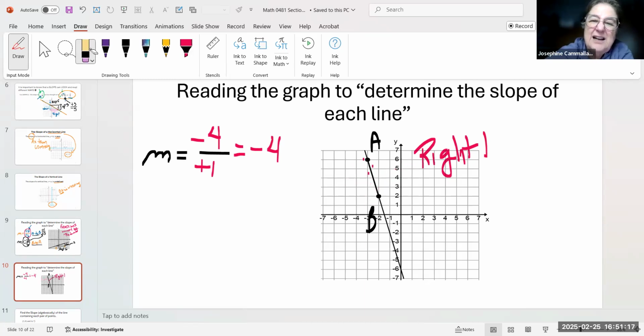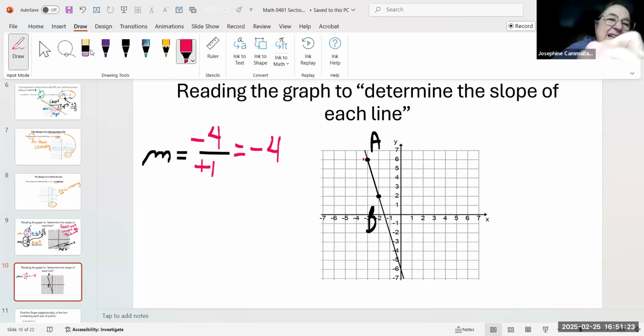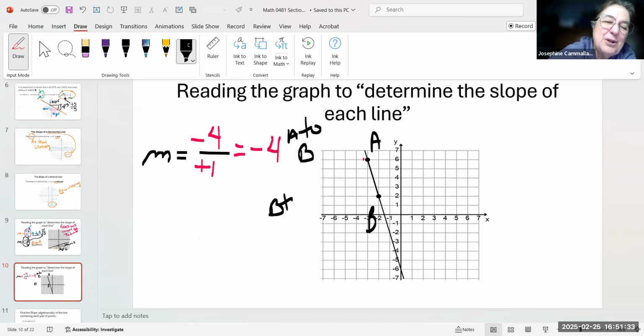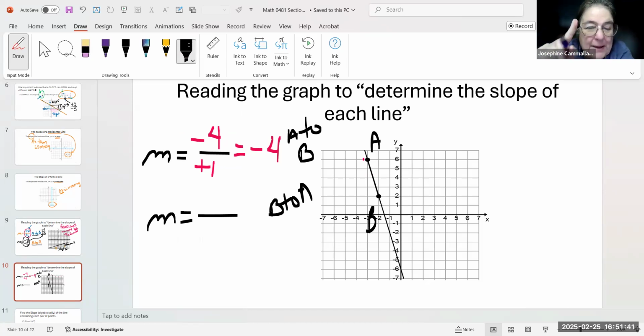Let's try it again. This was A to B. Well, let's do B to A. Here's my slope. Okay, you go up, down first. Well, in this case, I'm going up 4.